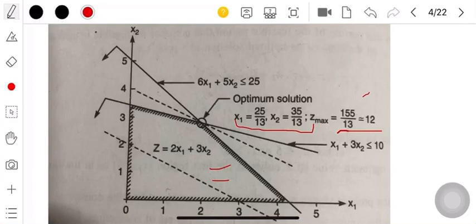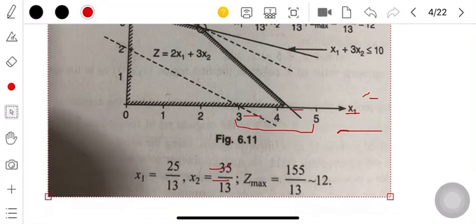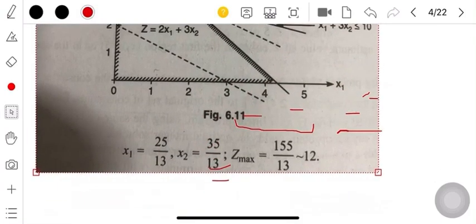So this objective function cannot take a value greater than 12. Once we have found the solution of this problem, with x1 and x2 real numbers, what do we do next? So this is the solution. What do we do next?